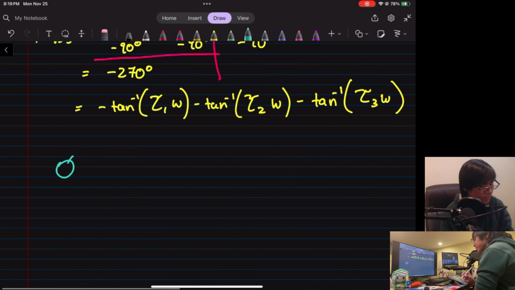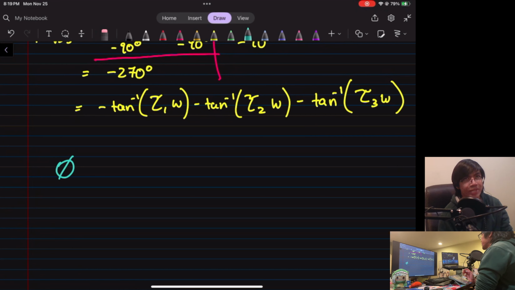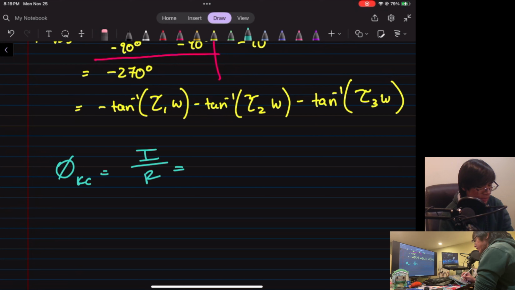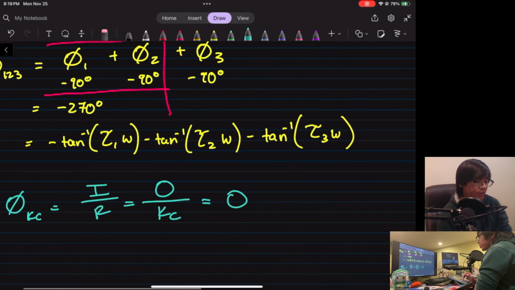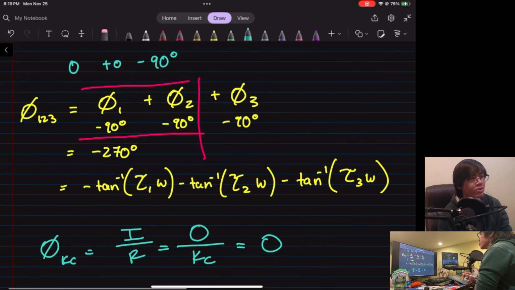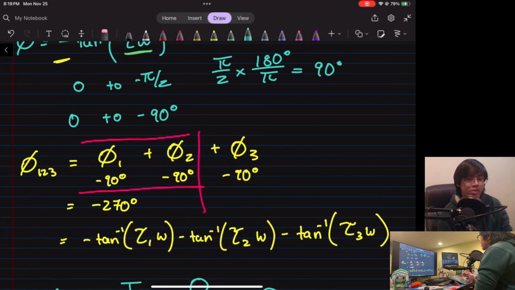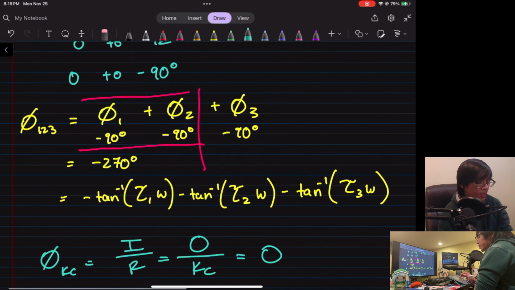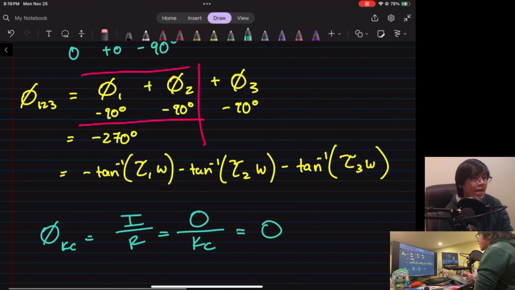Technically we'd have to consider the phase lag, since it's its own transfer function of Kc, that's the imaginary over the real. And since there are no imaginary values, it's just Kc, there's no phase lag. So when you include the Kc into this expression of the 3, or I guess technically 2 and 1 first order transfer functions in series, you wouldn't have to add an additional phase lag.